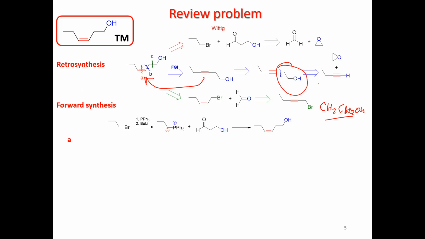The fact that it's unstabilized, because it has all electrons which are pushed towards the phosphorus, which makes it unstable, creates your cis double bond. If you use the non-stabilized one, it gives you the Z. If you use the stabilized one, it gives you the E, of course. So remember that.